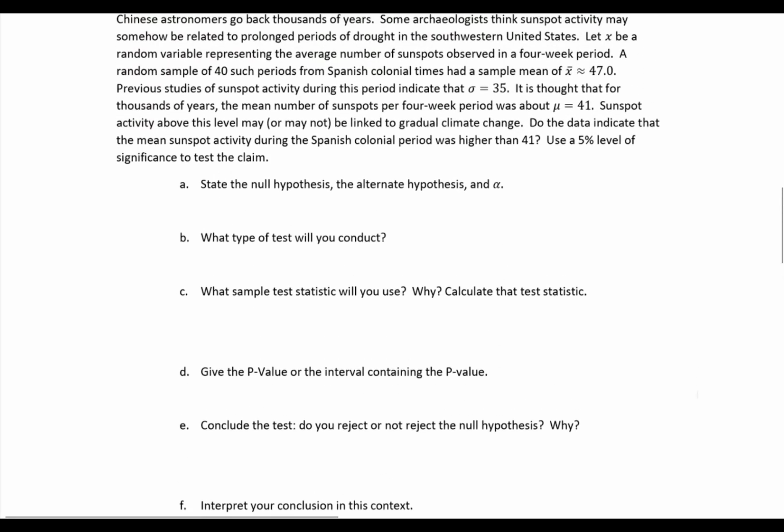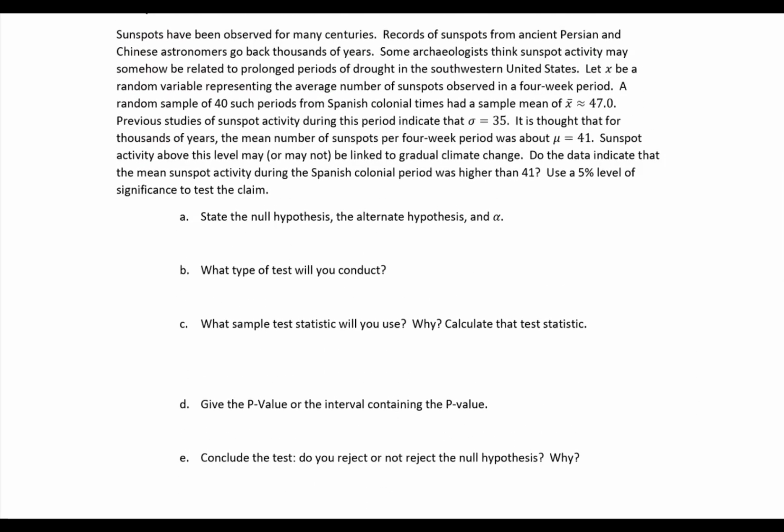So the first thing we want to do is state our two hypotheses, the null hypothesis and the alternative hypothesis, and identify alpha. To find our hypotheses, we want to look at what we're being asked. Does the data indicate that the mean sunspot activity was higher than 41?